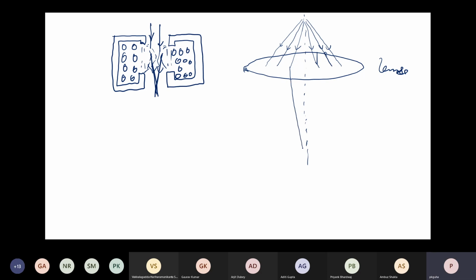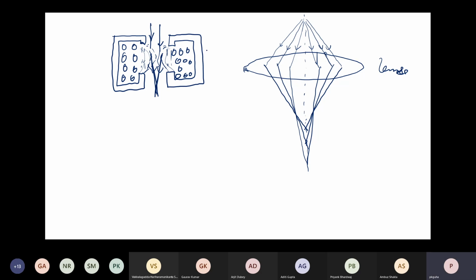Some will converge here maybe, some might converge here, some might converge here, because the lines of forces which make up these electromagnetic lenses will be different depending on where those electron beams are interacting with them.